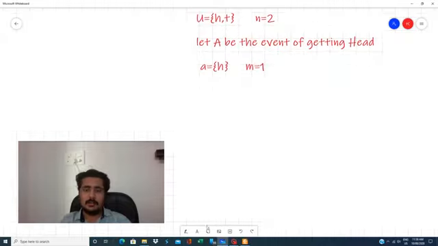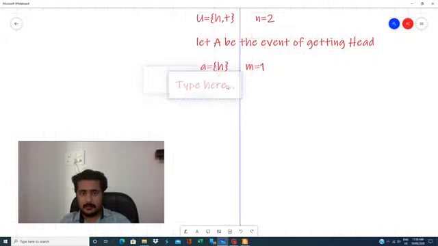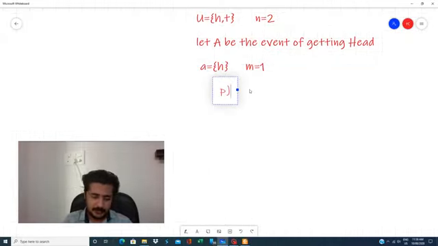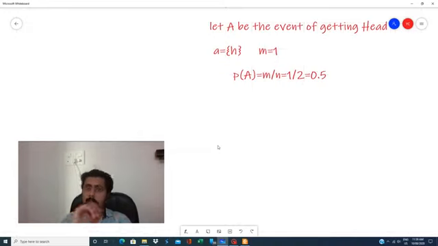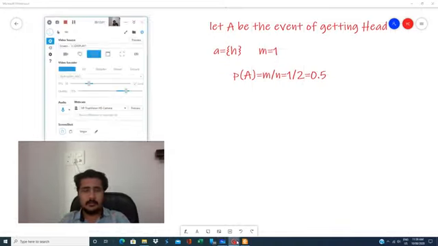So the probability here will be m upon n, that is 1 by 2. You can write 0.5 also. If you write 1 by 2, it is fine. Answers are accepted in fractions and decimals for probability.